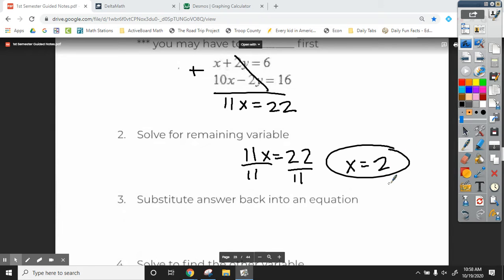Once we have our x value, we can substitute that back in to figure out our y value. So we know x plus 2y equals 6. Instead of x, we're going to put parentheses wherever x is and substitute 2 in. Then we can just solve to find our next variable.